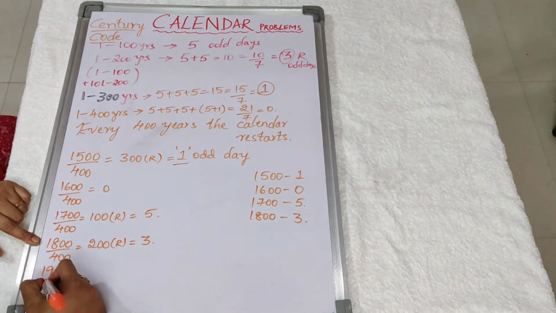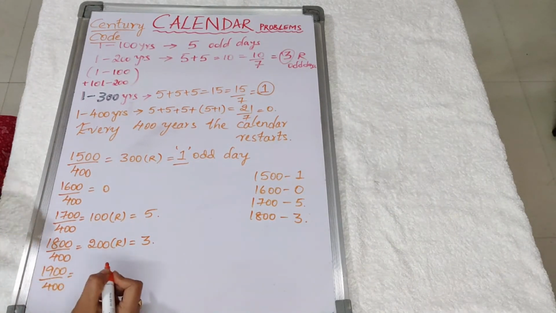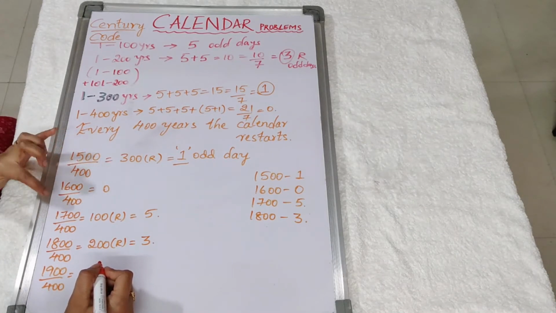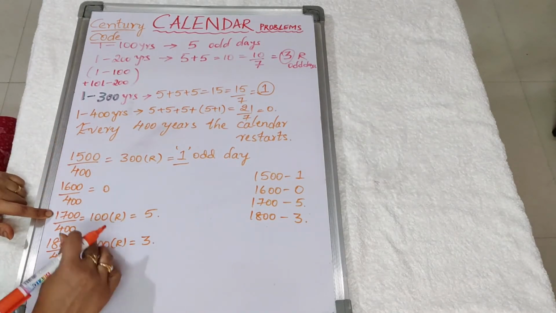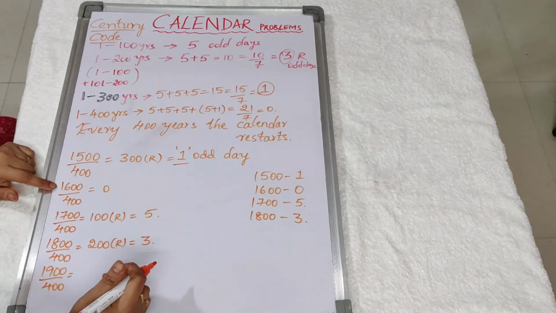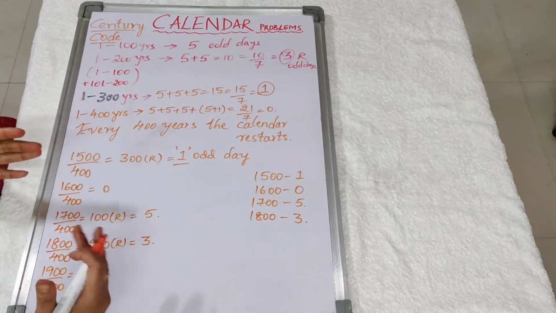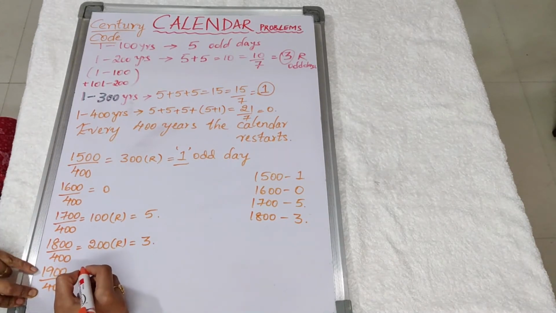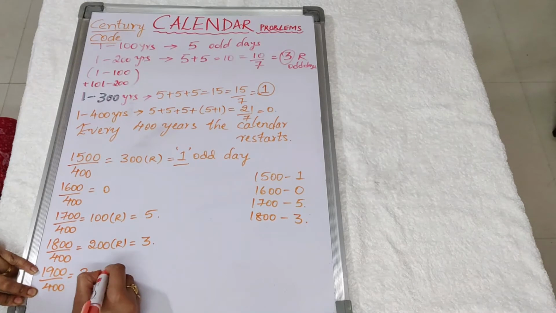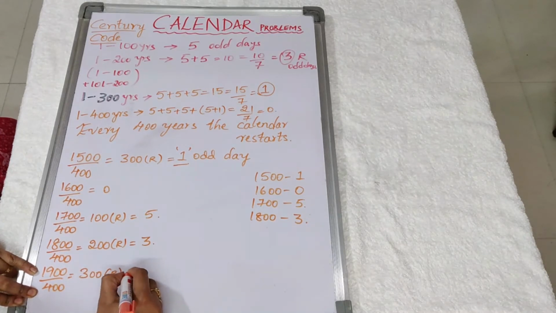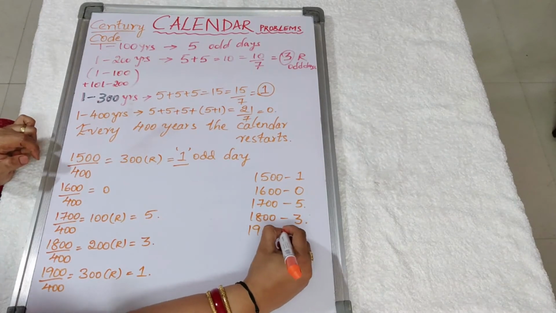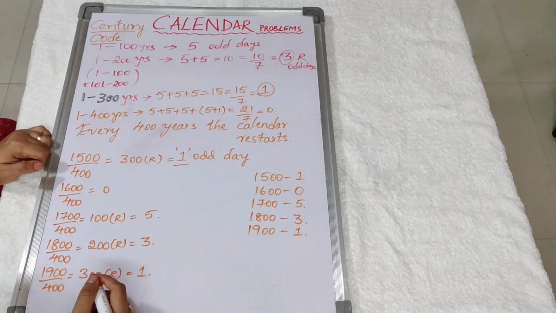1900. So for the centuries, 1700 is 5, whereas 1600 is 0. So it goes like that. Okay. So 1900 by 400, what is the remainder? 300 is the remainder, and for the 300 remainder we already have the code here. It is 1. So the 1900 code is 1.